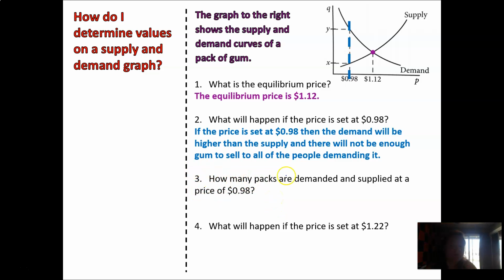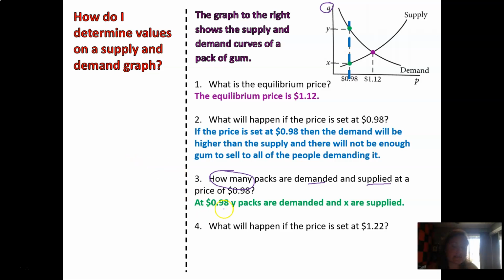Number 3, how many packs are demanded and supplied at a price of 98 cents? When you see how many, that is your quantity. So at 98 cents, there are Y packs demanded. Notice the green corresponds with the green.